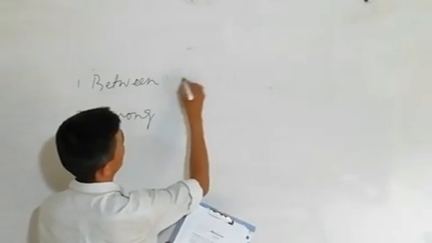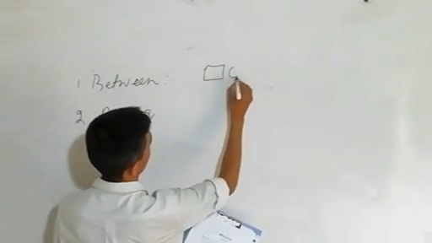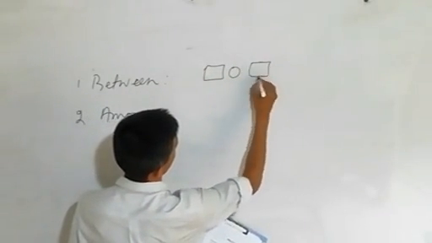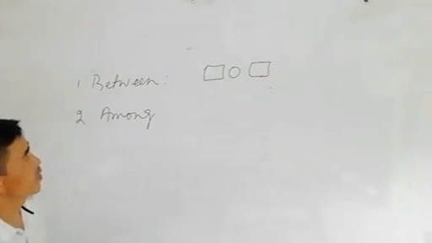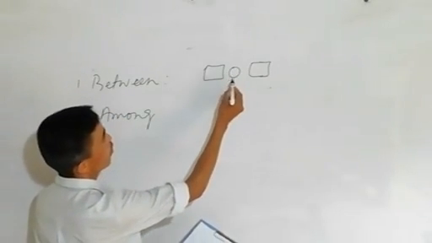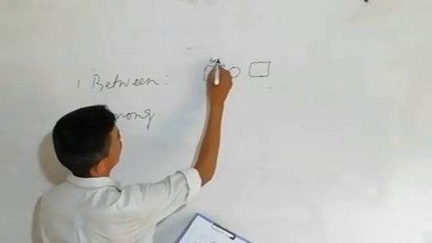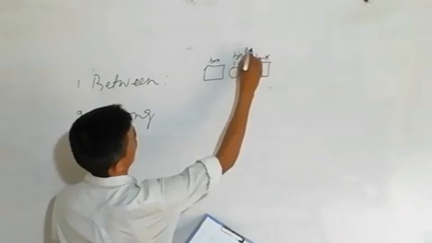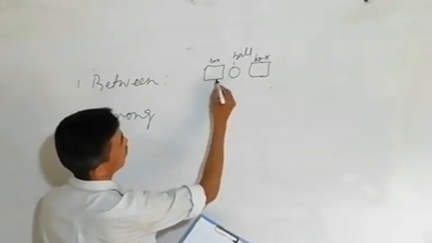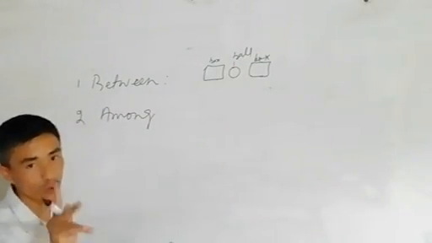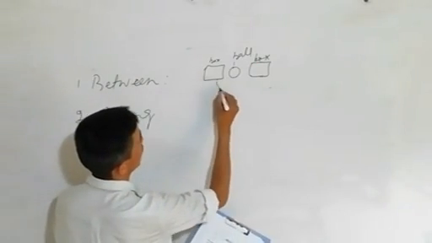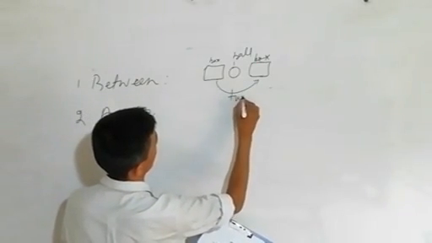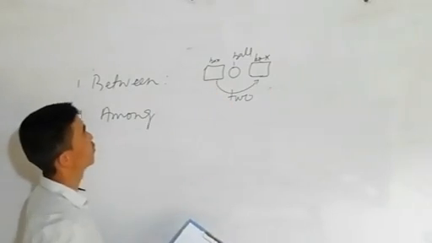Again, let's see the example. See, there is a ball between two boxes. This is a box, this is a box, this is the ball. The ball is between two boxes. Between two. We have two here. The ball is between two boxes.